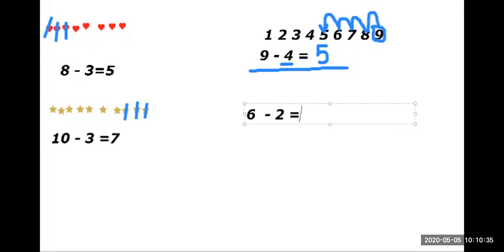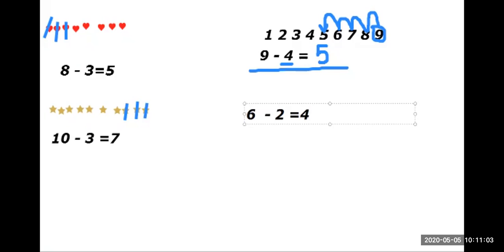Bend 2 fingers. 1, 2. How many are left with you? The ones that are raised up, how many are left with you? 1, 2, 3, 4. Good.